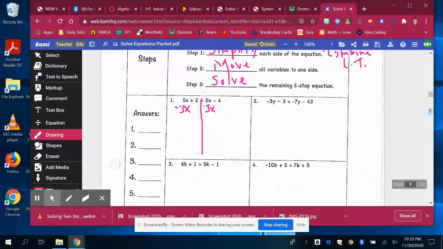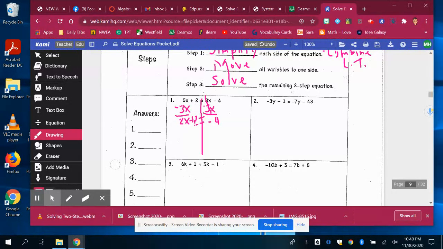And notice I'm lining up the 3x with the 5x on the left side because I can subtract those like terms. So I'm going to take 3x minus 3x, that gives me 0. And on the left side, I have 5x minus 3x, which is 2x. I'm going to bring down this plus 2 on the left side, along with my equal sign. And on the right side, negative 4 is left.